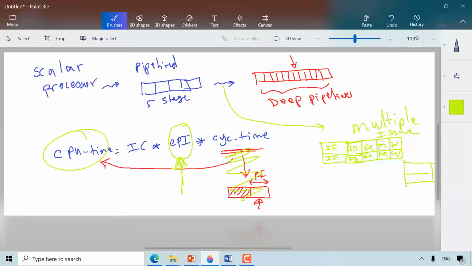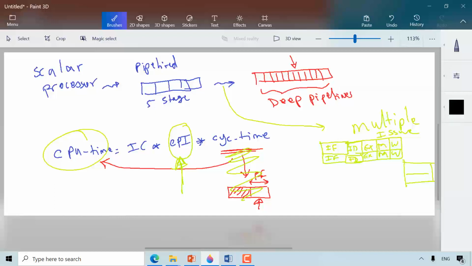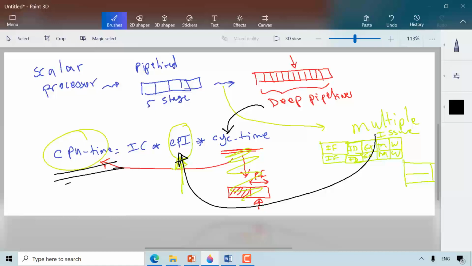So now you can see the flavors of designs to attack the CPU time. The deep pipeline attacks the cycle time. The multiple issue attacks the CPI. Now, with that introduction, of course, the goal is reducing what?